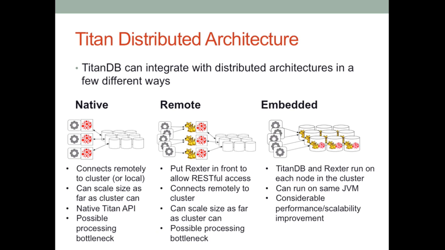And then another option is embedded. I haven't had experience deploying this way, but in this setup, you place Titan and or Rexster on each one of the nodes in, for instance, your Cassandra cluster. They even have an option where you could run it in the exact same JVM as the Cassandra process to eke out some additional performance.